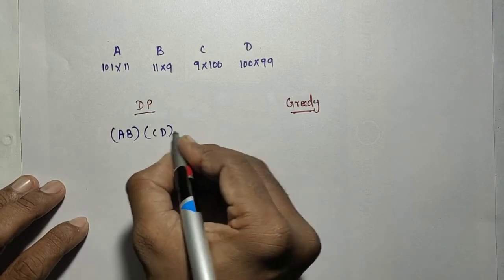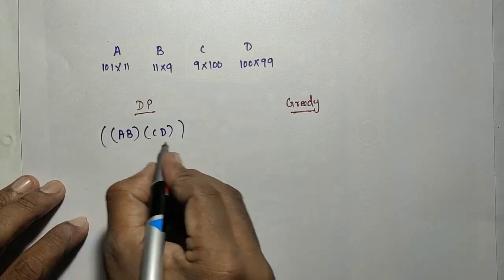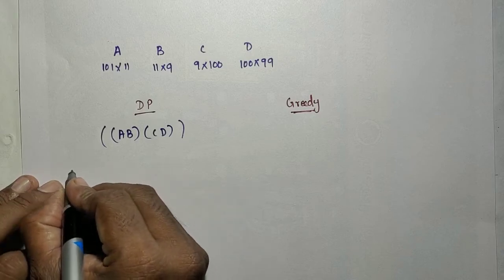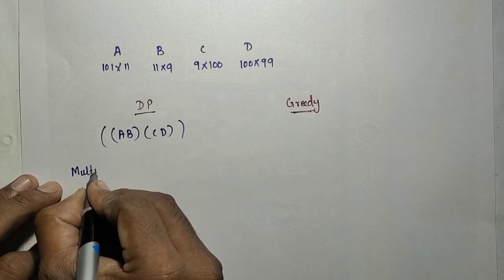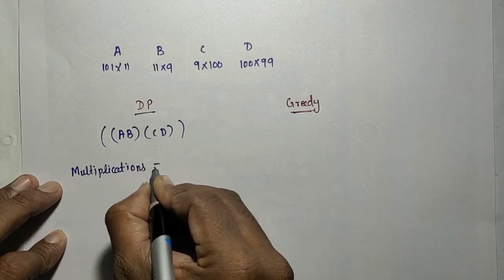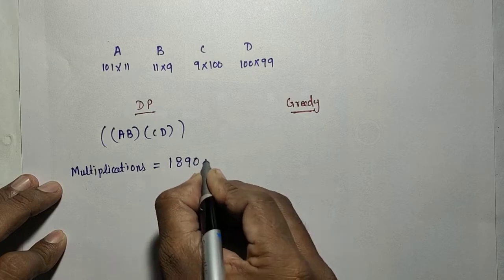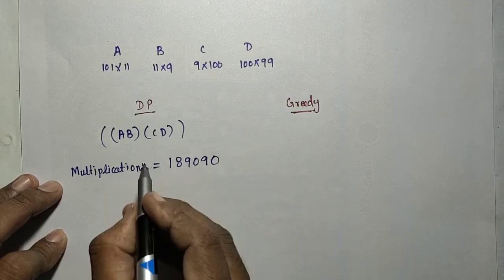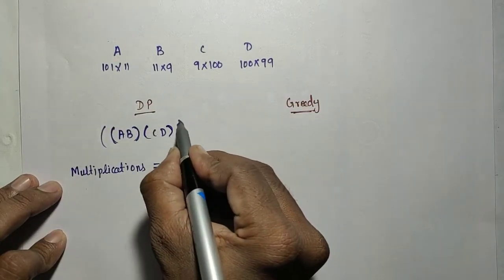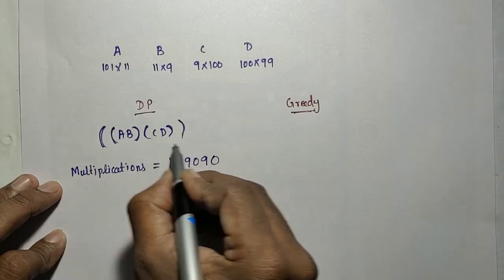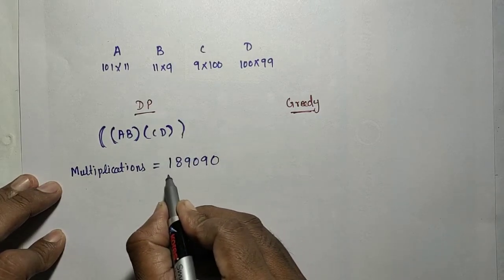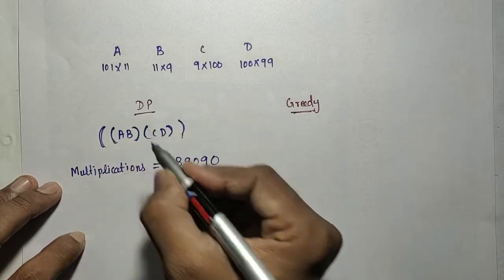That is an exact solution. In this way, if you multiply, you get the minimum multiplications, 18,090. Just to check this. So if we apply dynamic programming for this input, we get this result. This is the optimal parenthesization, and the number of multiplications needed is this one. This is the exact solution from dynamic programming.